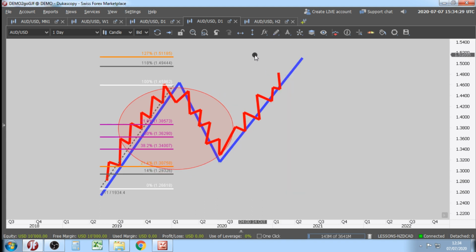Yes, we are in a short-term downtrend, but what is the big picture? We are trading the up Fibonacci on this up retracement. No, it's not a down retracement, it's an up retracement. So what is the big picture? The big picture is we are trading the Fibonacci.